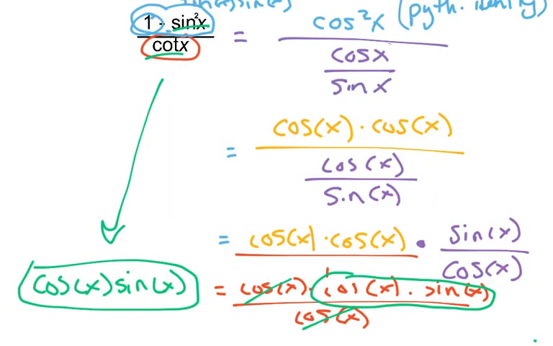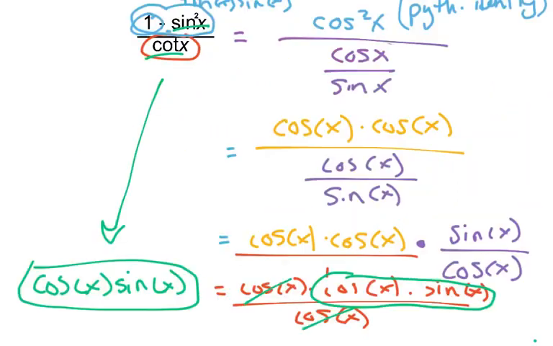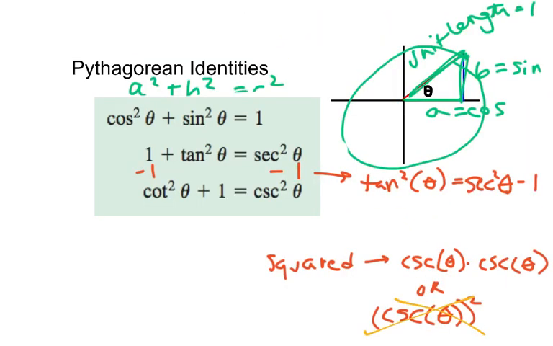And so hopefully you can see that we have a secant squared minus 1, and so by that Pythagorean identity, it's going to equal tangent squared.